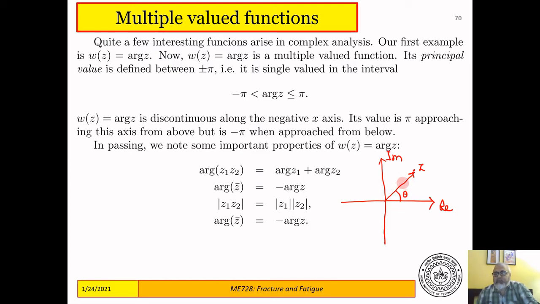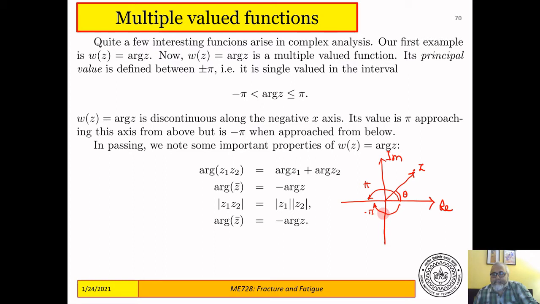Argument of z lies between minus pi and pi. So from here to here is pi, here to here is minus pi. So the argument of z, this angle theta, lies between pi and minus pi.